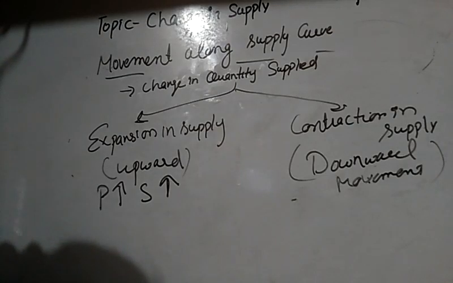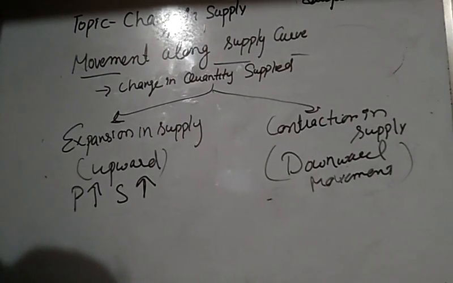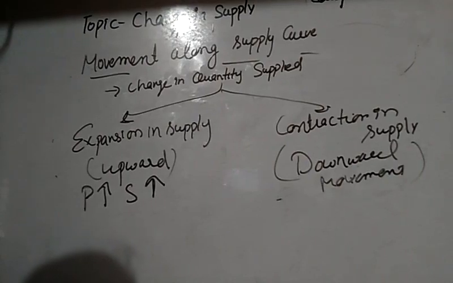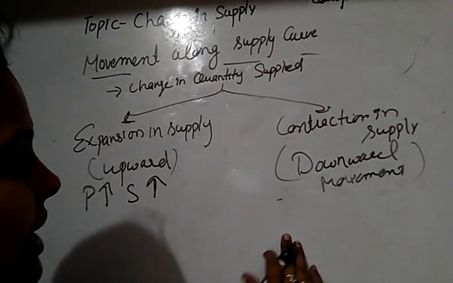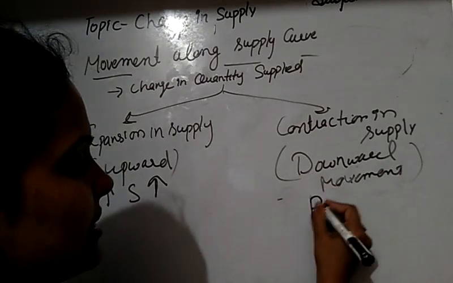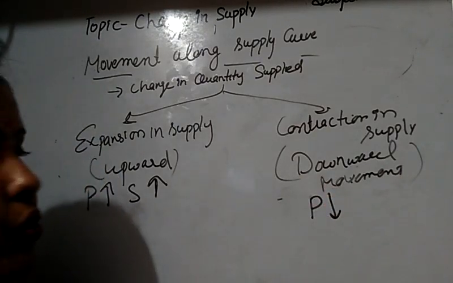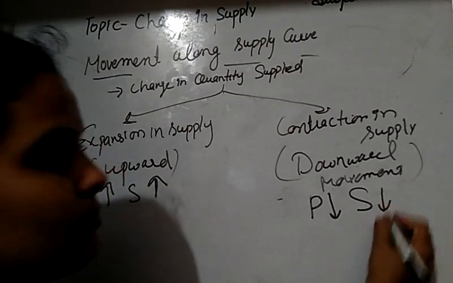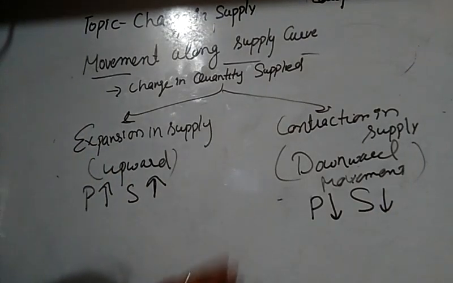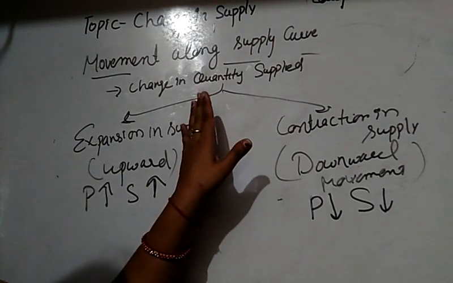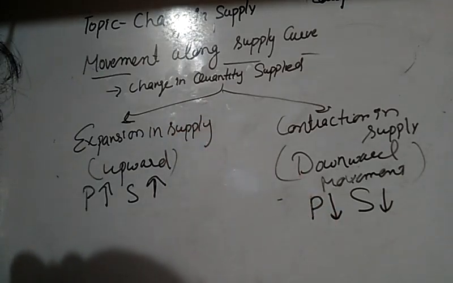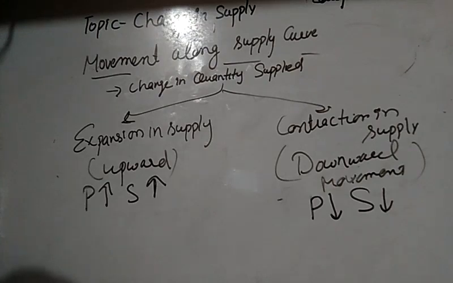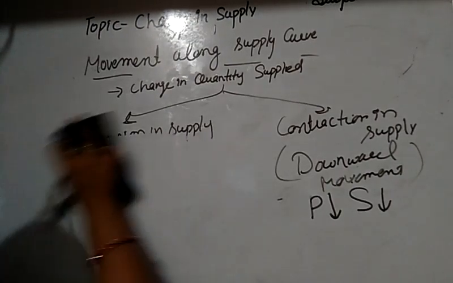This leads to expansion in supply or upward movement along the supply curve. Contraction in supply means decrease in price leads to decrease in supply, and at that time the supply curve moves downward. First we understand expansion with the help of a diagram.